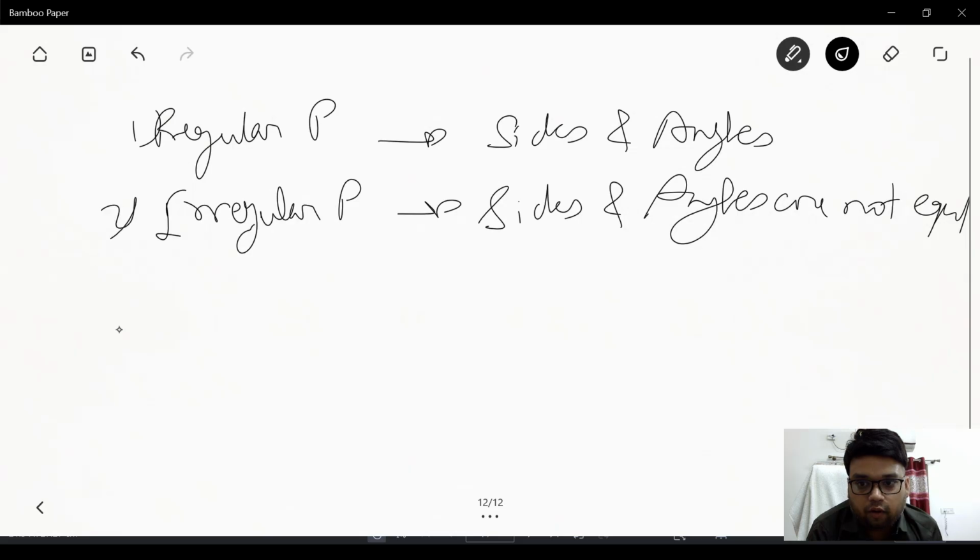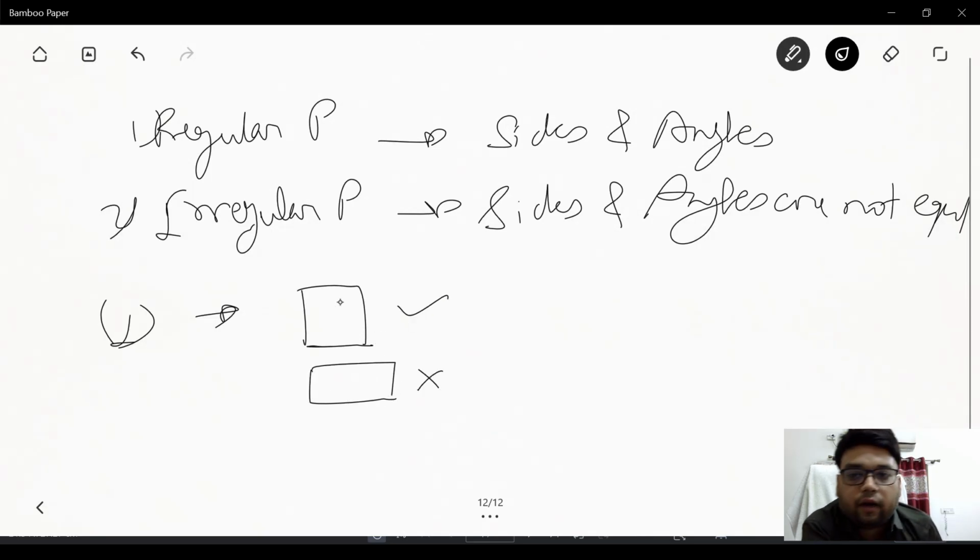In case of regular polygons, we can see examples like a square, yes. Like a rectangle, no. Rectangle is not an example of a regular polygon. Examples like a hexagon, yes.